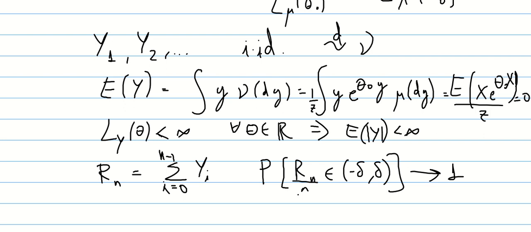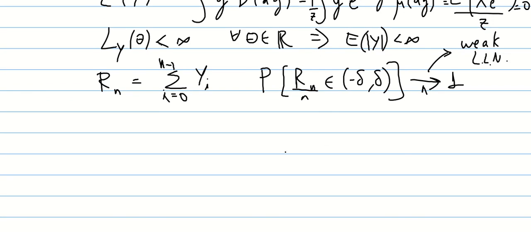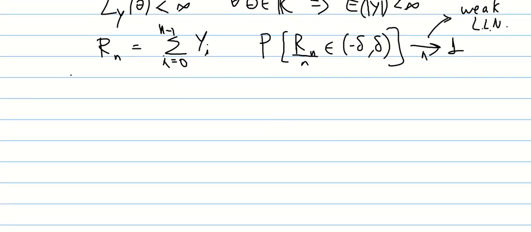It's actually 0. So by the weak law of large numbers, we have convergence to 1 and have this lower bound here. So now we have to just see what the price is to replace S by R. So originally we wanted to bound the probability that Sn over n belongs to minus delta delta, not R, S.